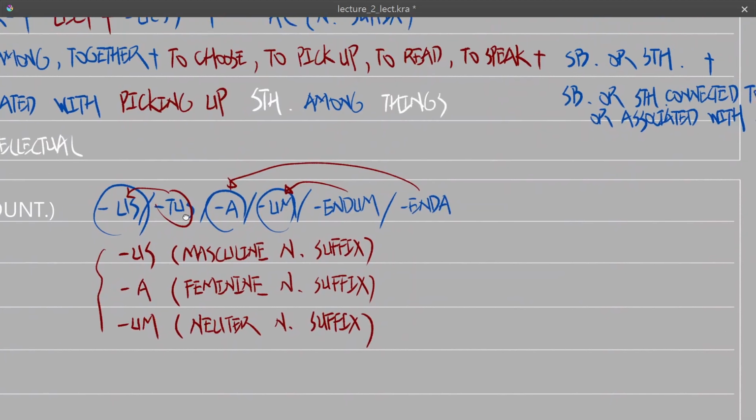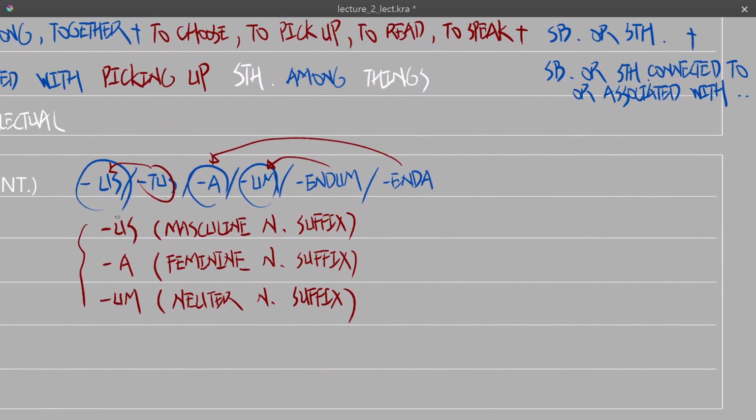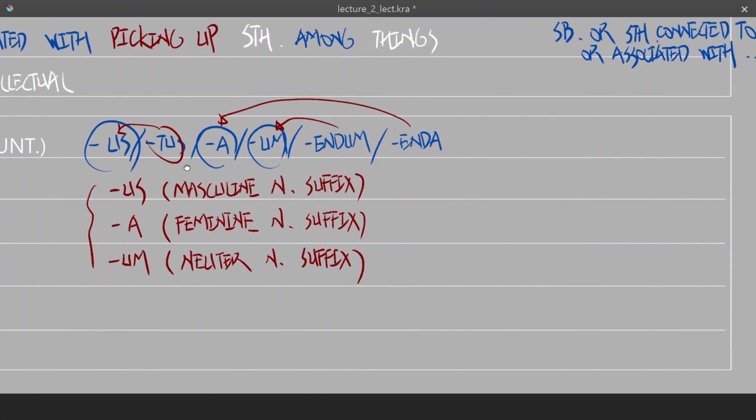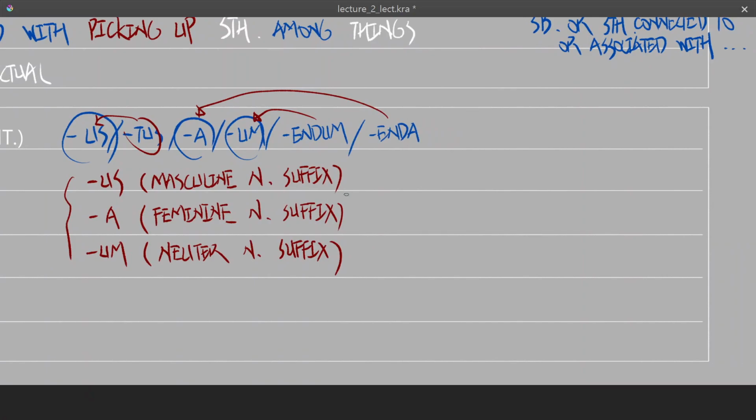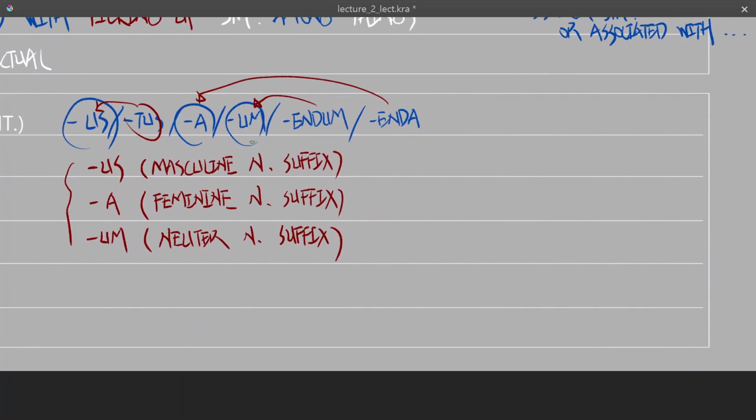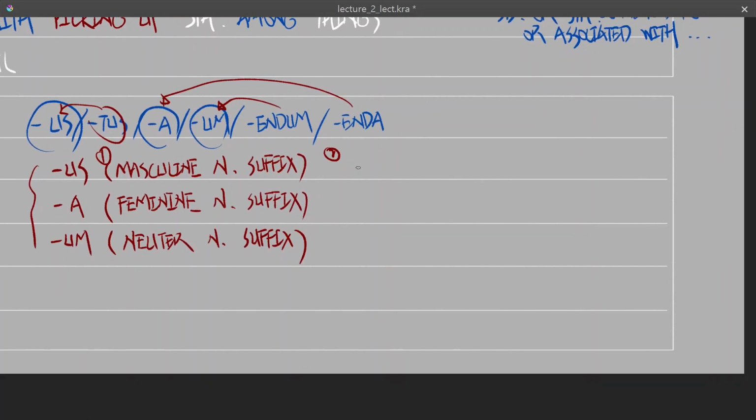And again, this group could also mean not only noun suffix, it could also mean past participle suffix.